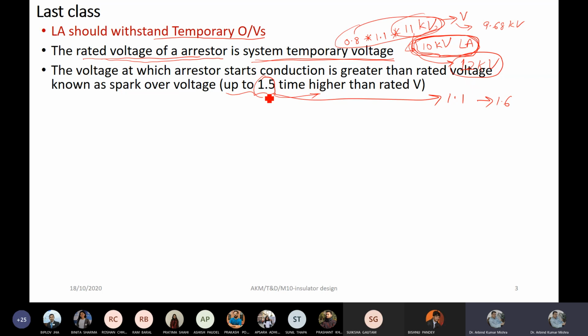So in short, the lower this ratio, the more chance of the lightning arrestor operating in temporary over voltage. The higher this ratio, the higher the insulation level or insulation cost of the system will become.